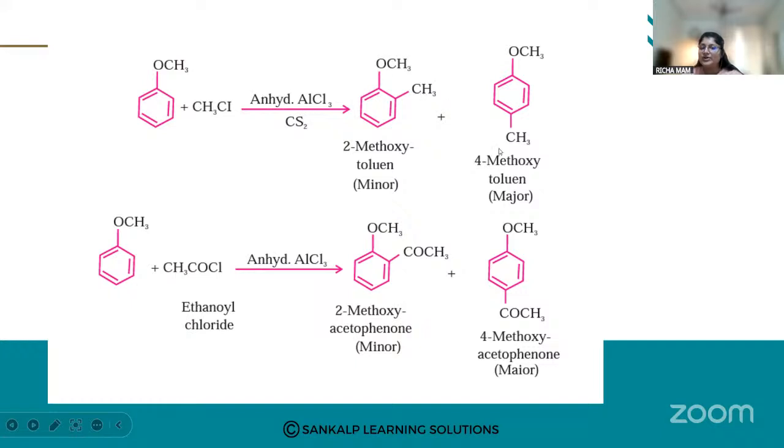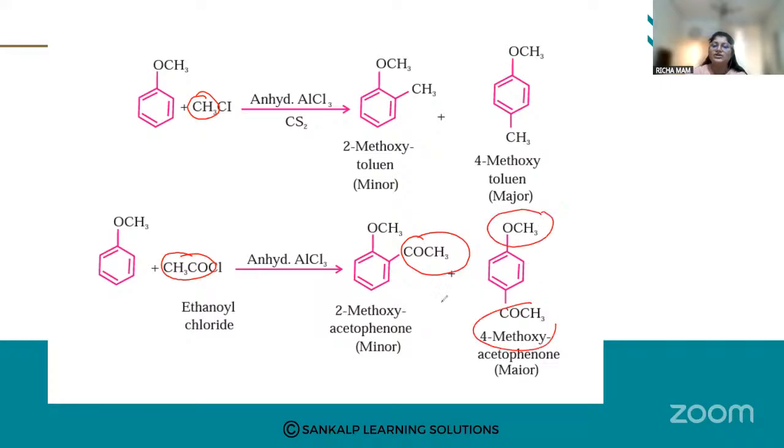We are going to get ortho and para substituted products, and the para substituted product is more stable, so it is the major product. This is an acyl group and this is an alkyl group, so this is alkylation and this is acylation. The acyl group will get attached at the ortho and para positions with respect to the methoxy group.